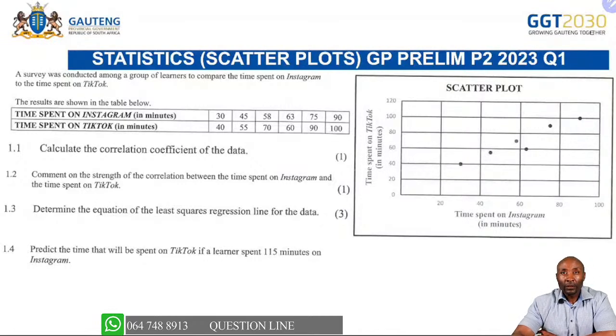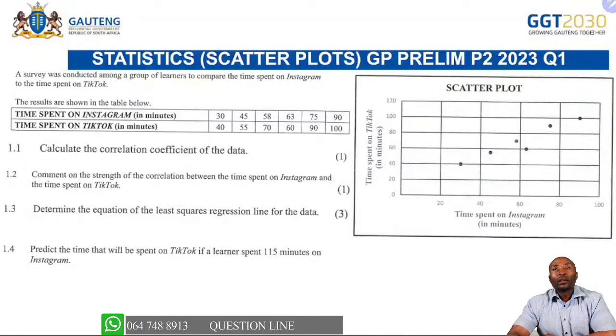So we'll go to our calculator, we go to statistics mode, we choose two variable statistic, and then we enter our data for our time spent on Instagram in minutes. So you will enter your 30 followed by an equal sign under the column X, and you enter the time spent on TikTok under the column Y, and make sure that you enter the data items as they correspond to each other. We do not interchange the order there.